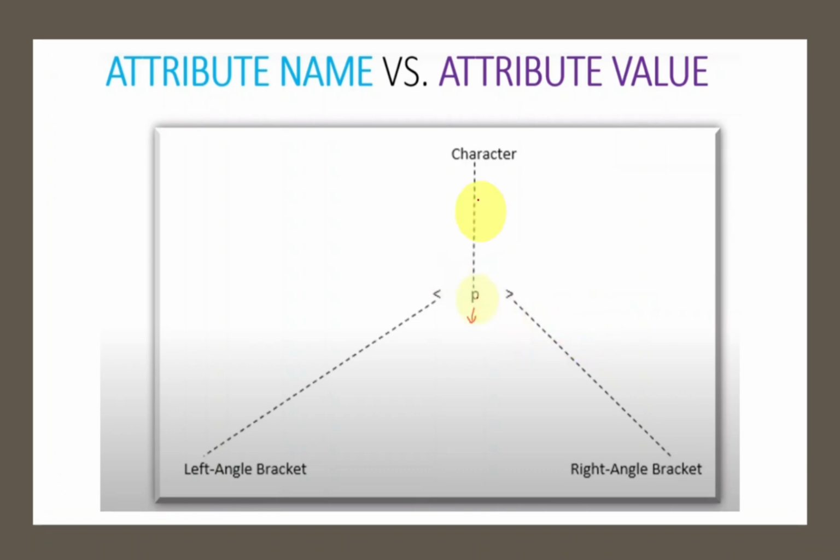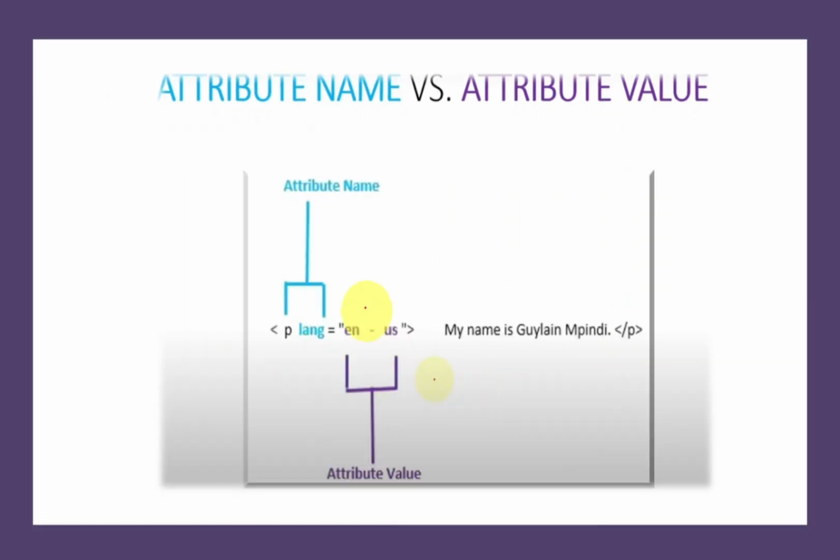Now we have something we call the character. This one we call the left angle bracket, and this one we call the right angle bracket. Sometimes you're going to hear people say the element, or the character. Now we have something called the attribute name and the attribute value.